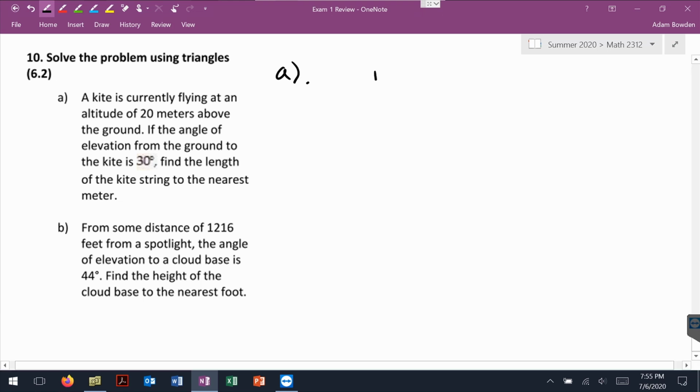Okay, so it helps to sketch out a picture here. So here's the ground. Let's use a level ground. We measure the angle of elevation up from the ground at 30 degrees to the kite up here in the air. And so that altitude is 20 meters.